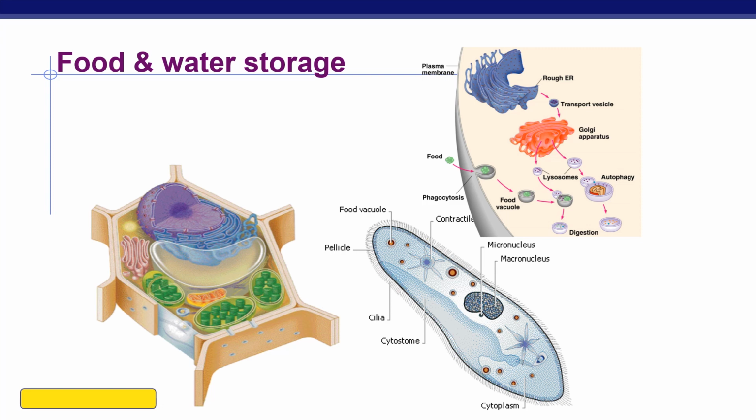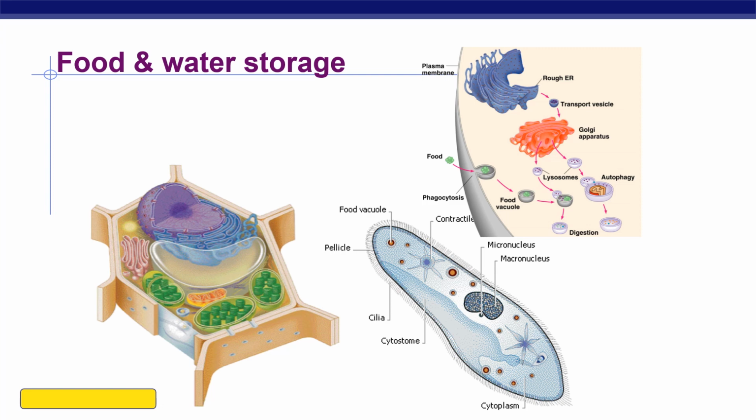Look at the cell, the jelly-like crystal structure there is the vacuole, and you could see small ones in the plant cell. And the paramecium also has what we call the food vacuole.